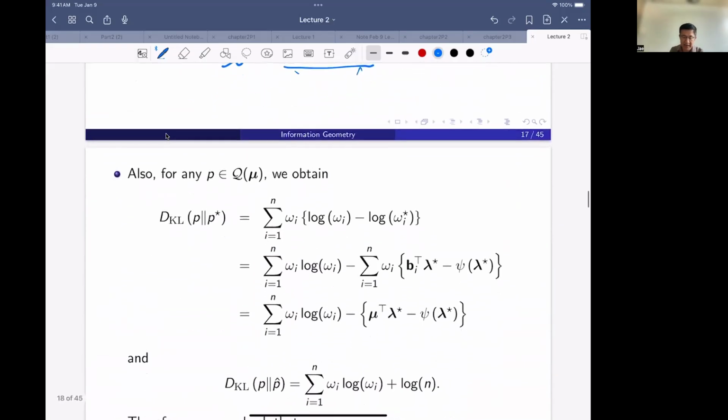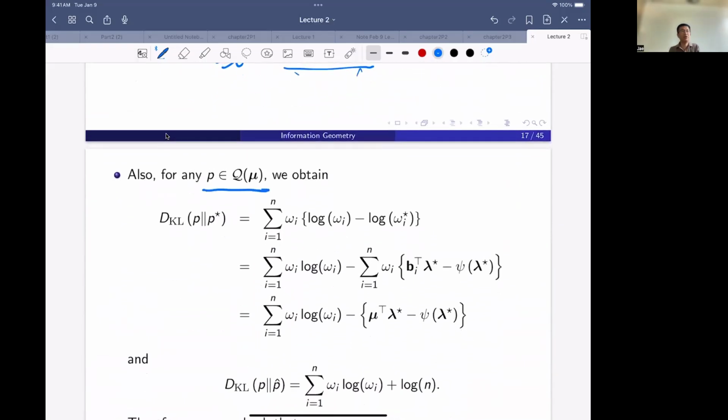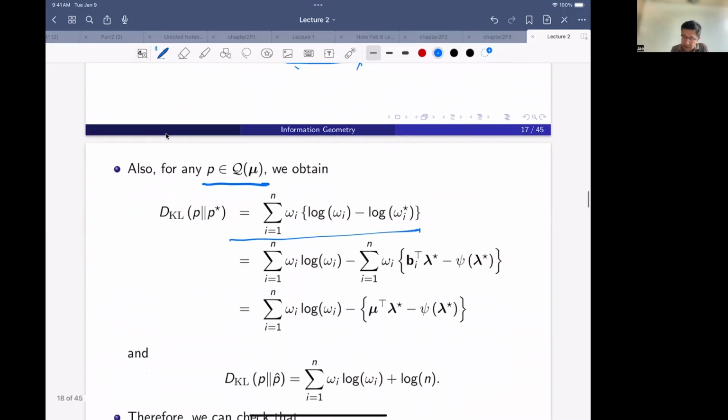And also for any P in this space Q, we can do the same thing. First line is just the definition. Second line is we know the form of omega i star. And then this equality comes from the fact that it satisfies the calibration equation.